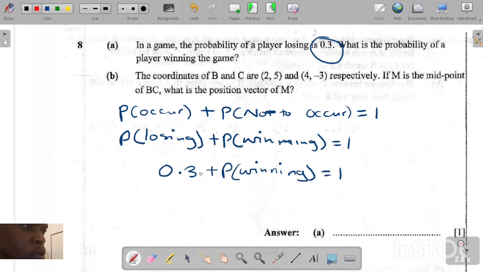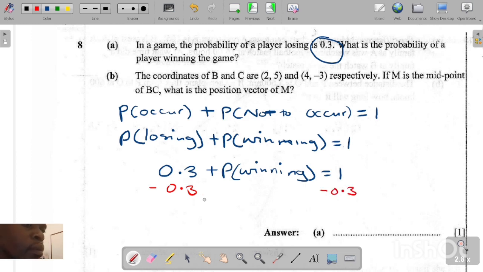So what are you going to do in order for you to find this? You take this to the other side. In other words, you are using additive inverse. So this is 0.3 positive. You subtract 0.3 from both sides of this equation.